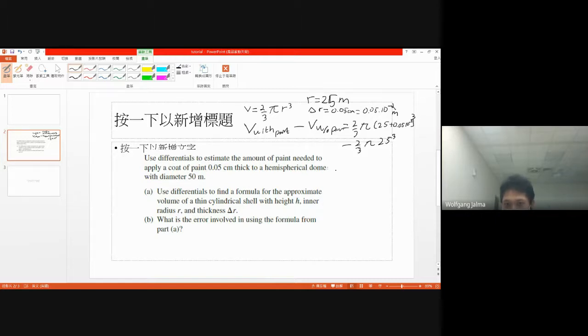Calculus says that basically we can approximate. We want to find the volume difference, right? Volume with paint minus volume without paint. So basically, what we want to find is delta V, right?